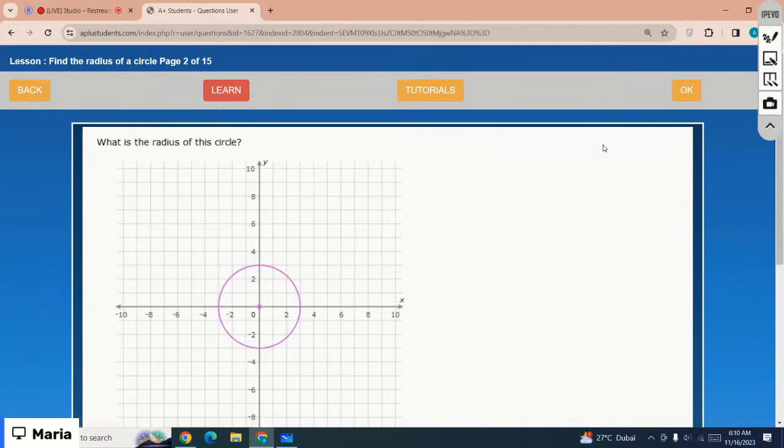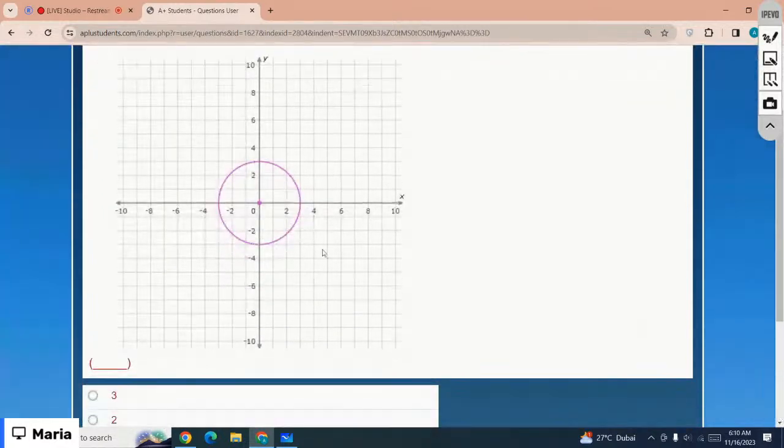Okay. What is the radius of the circle? Which is the correct option? The radius of the circle is, yes, that is 3. The correct option is 3.